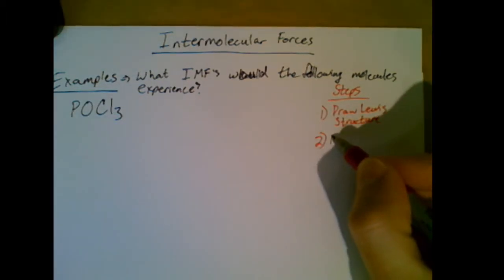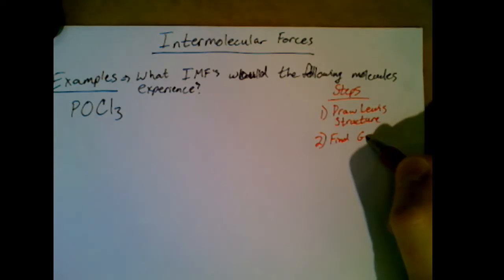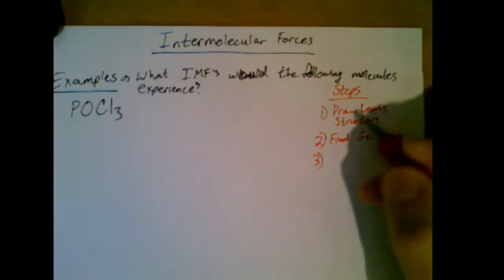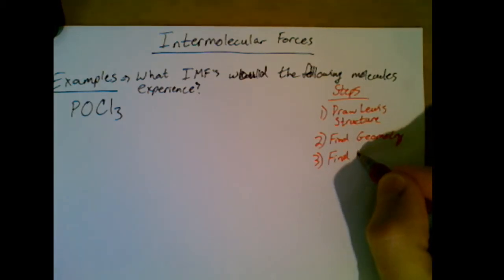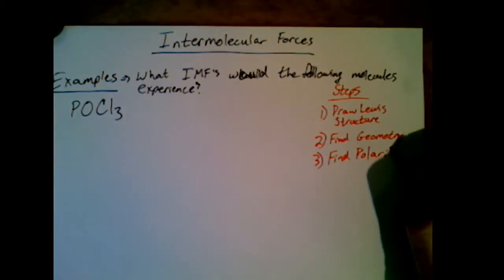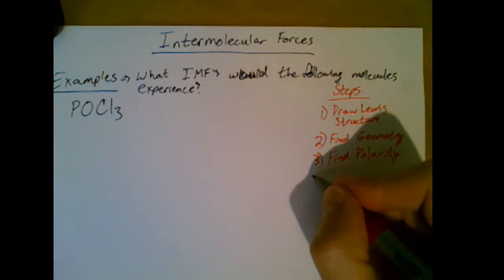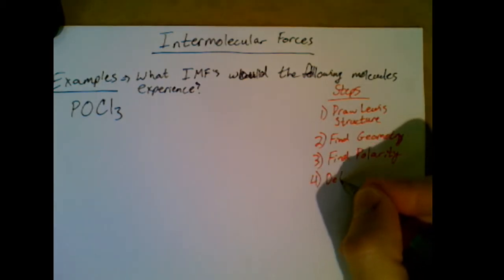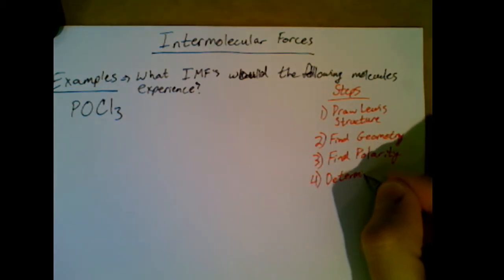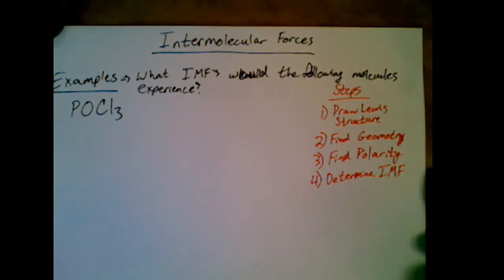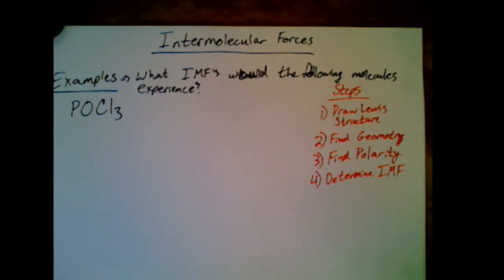After that, find the geometry, because then you can use the geometry to determine the polarity. Determine whether it is symmetrical or asymmetrical by looking at the bonds and seeing what's going on. And the last thing is to determine the intermolecular forces. Once you know if it's polar or not, then you know what intermolecular forces would actually exist in a molecule.